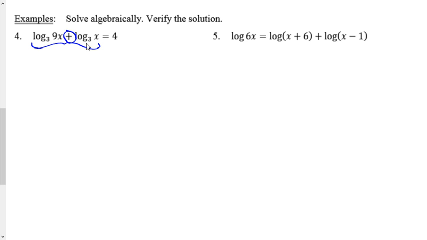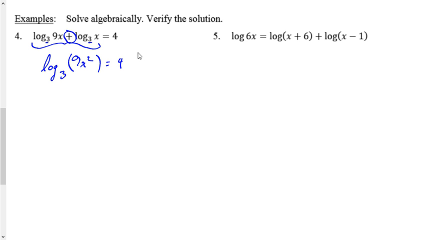Well, when I have the same base, and when I was multiplying the powers. A logarithm operates on a power, so the left side is equivalent to log base 3 of 9x, the first power, times the second power of x, so that'll give me a 9x squared. And that will equal the right side, which is a 4.